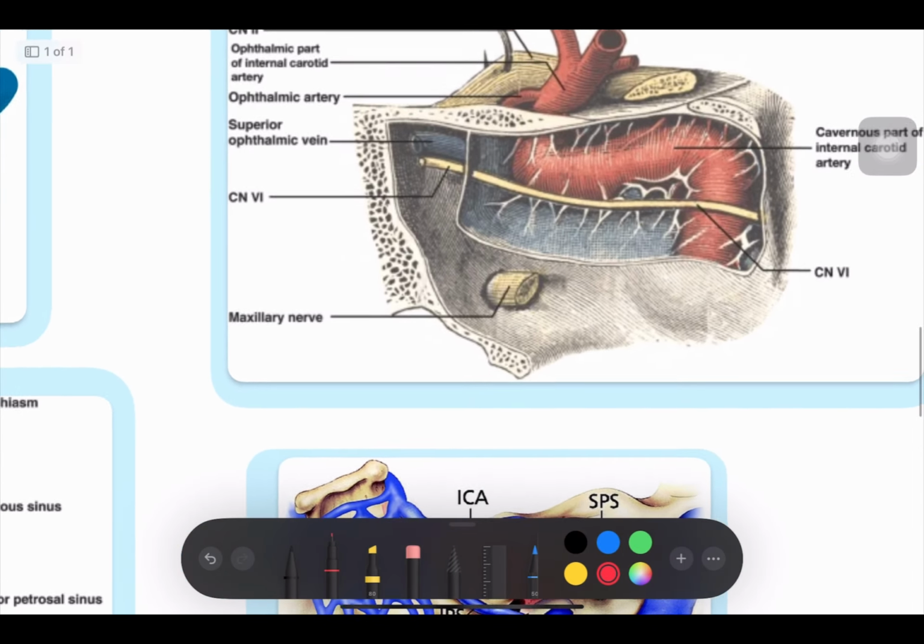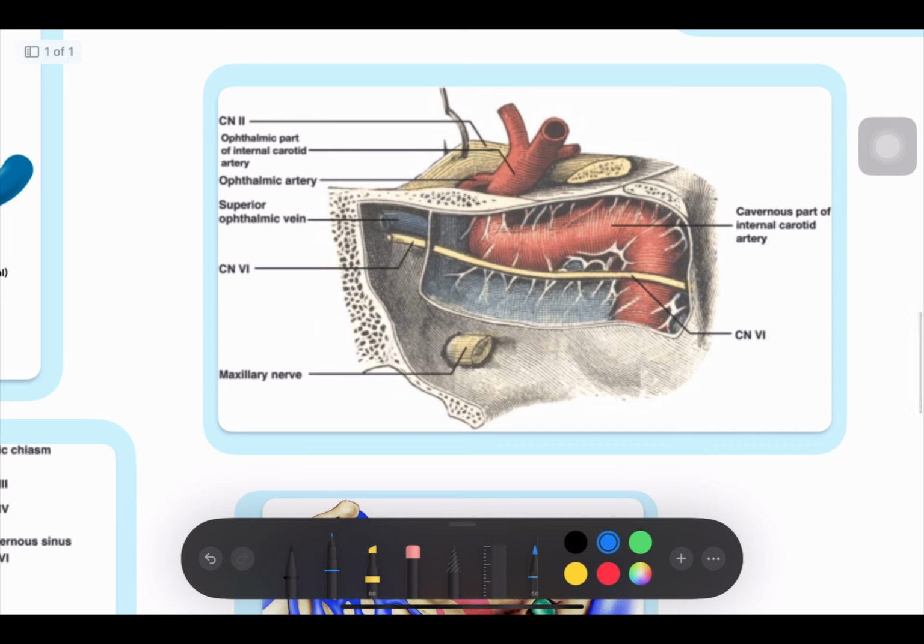There's another clear picture that I've added for clear understanding. This is the cavernous sinus that we are talking about, and again this is the course of the carotid artery, the cavernous part of the internal carotid artery, which is present in the cavernous sinus and comes out at the anterior clinoid process.